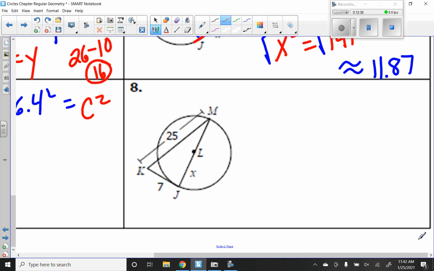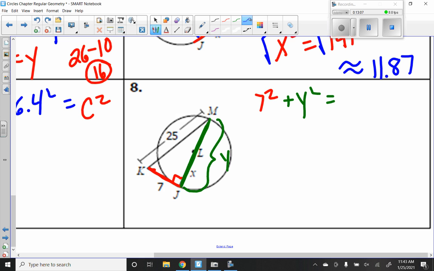Okay, on this one, it looks like we need to find that diameter, which could be A or B, and we got to cut it in half. All right, so watch. I'm going to say A squared is right there. There's my right angle, A squared. I'm going to make B, I'm going to call that Y, because X is half of that.